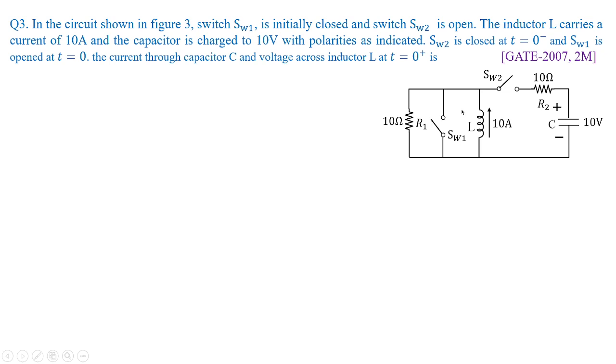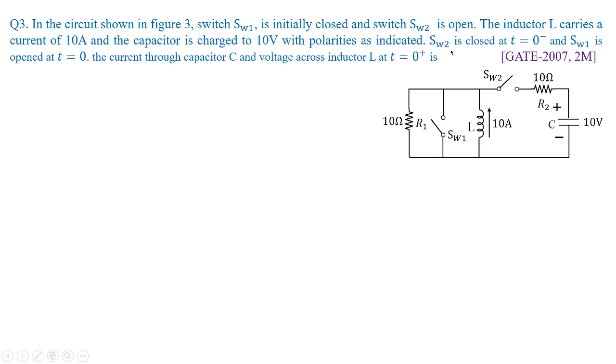So this switch was closed and this switch was open initially. The inductor L, that is this inductor, carries a current of 10 amperes, which is shown in the diagram, and the capacitor is charged to 10 volts as shown in the figure with polarities as indicated. You can see the polarities also given.